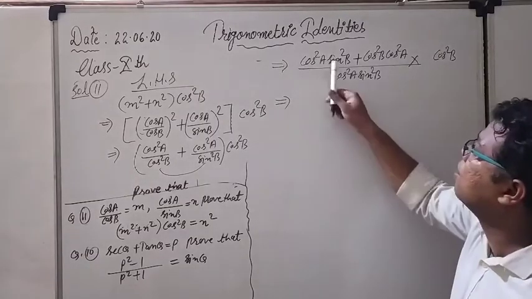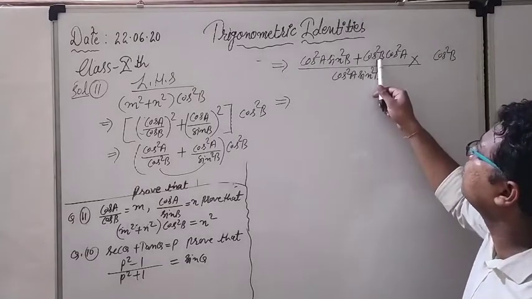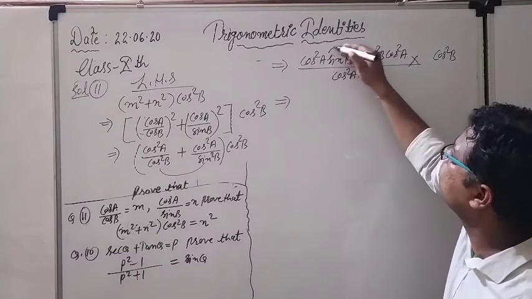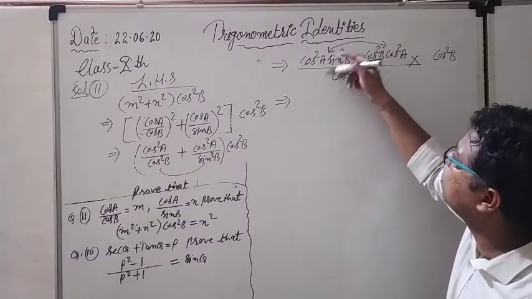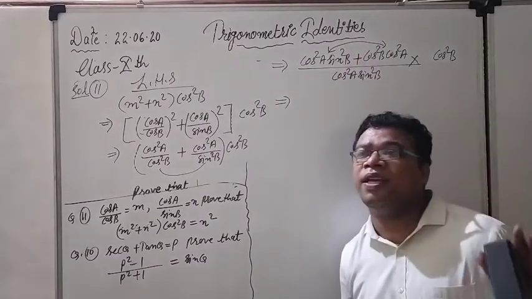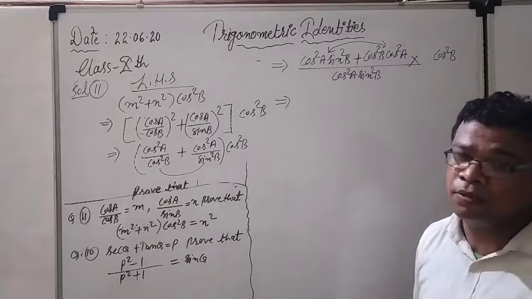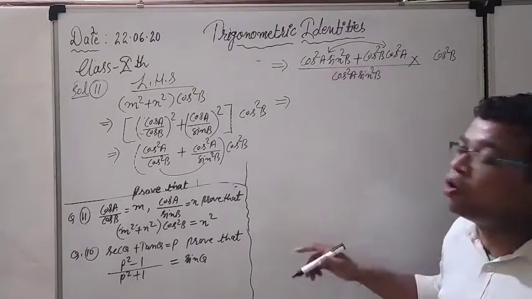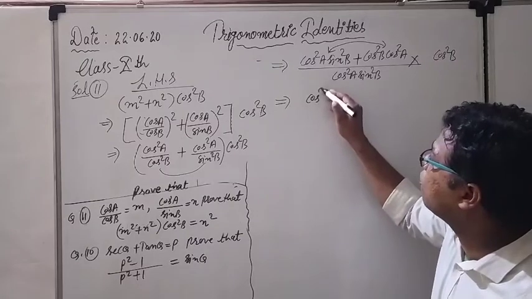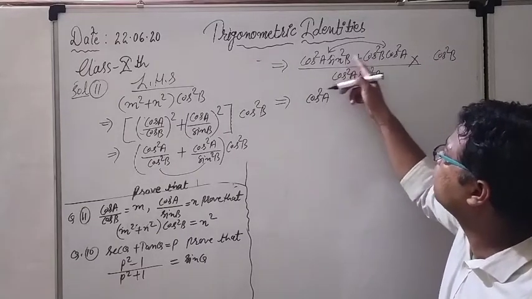See the things: cos square A, sin square B, cos square B, cos square A. So in both of these terms, cos square A is common. So I will take cos square A common from both the terms.